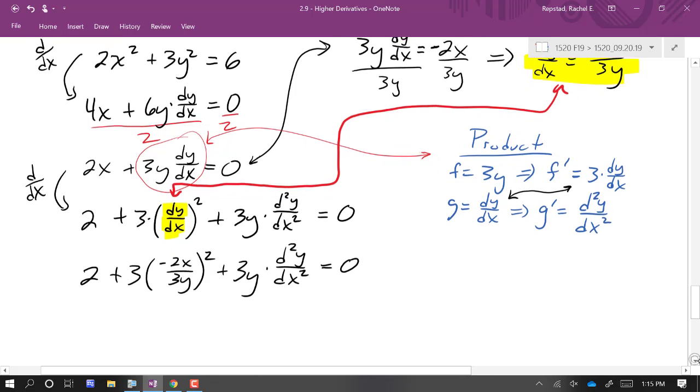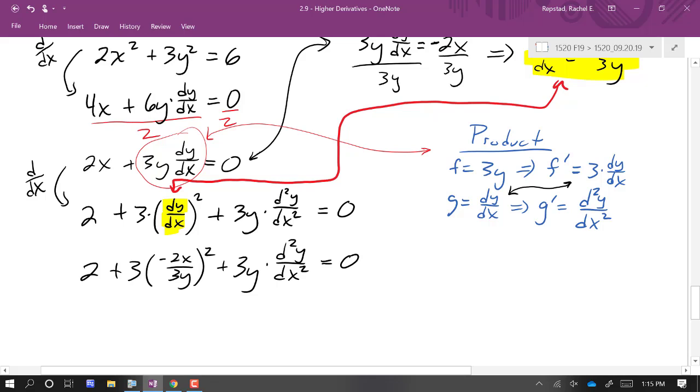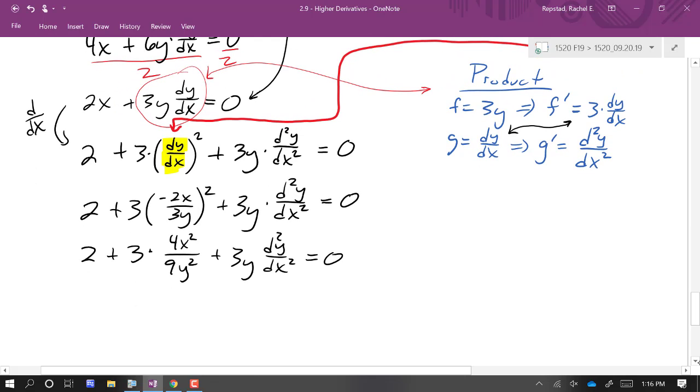So I would start this by just squaring out the negative 2x over 3y. So that's 4x squared over 9y squared. We know that in general what we want to do is isolate the second derivative term, right?